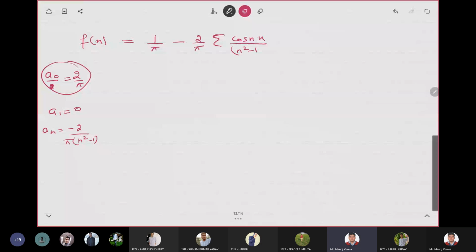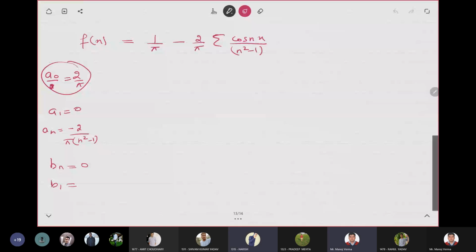And plus, for the value of bn, you have seen that all the values of bn are 0 except the value of b1, which was equal to 1 by 2. So it will be plus 1 by 2, the value of b1, and sine x, simply sine x.